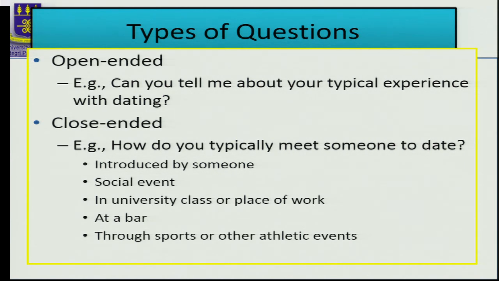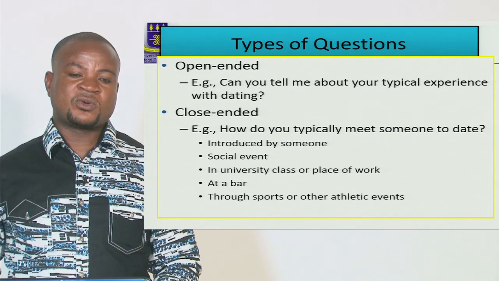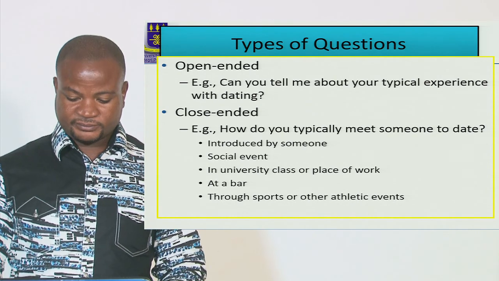They are at liberty to write whatever they want to write there. But when it comes to closed-ended questions, there you give them options, and all they have to do is to select. Do you think abortion should be legalized? Yes, no. This is an example of a closed-ended question.